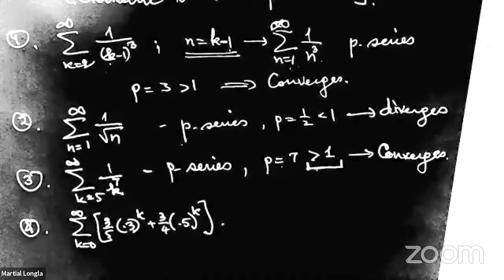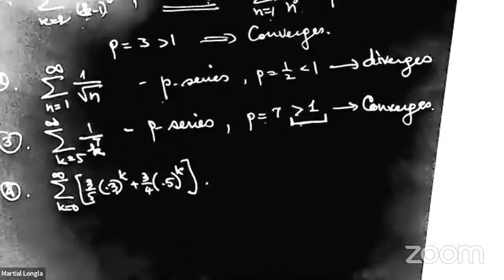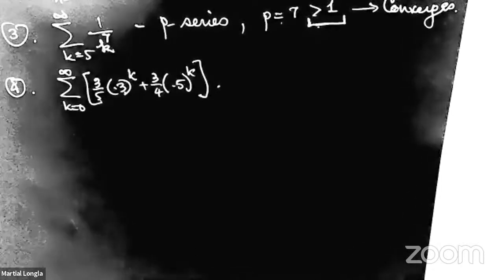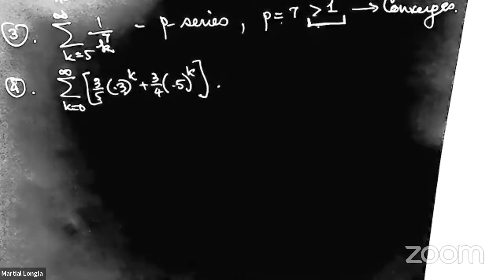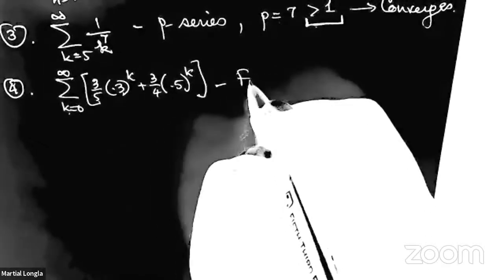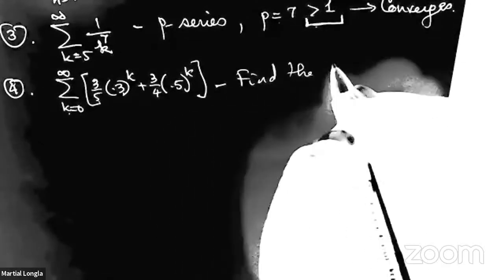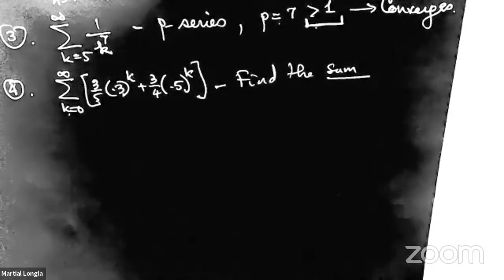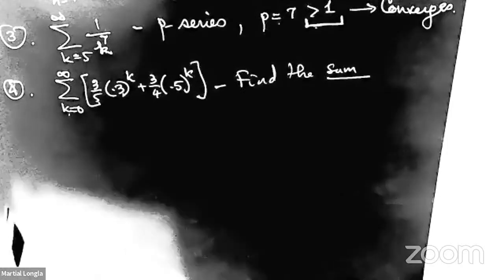The way we answer such a question is we think of it as the sum of two converging series. One of the rules that I gave you was that if we have two converging series, then their sum converges. So if the question is find the sum, then it is telling you already that it converges, so you don't need to worry about showing that it's convergent. Find the sum, then you find separately.